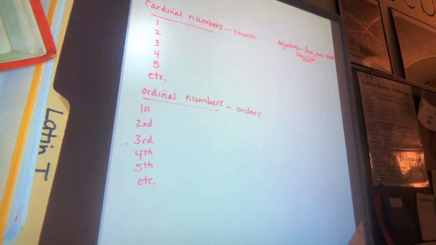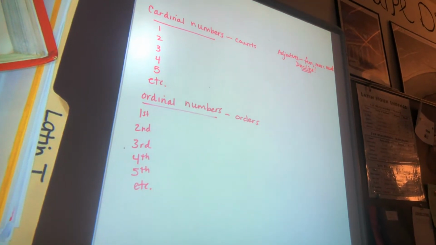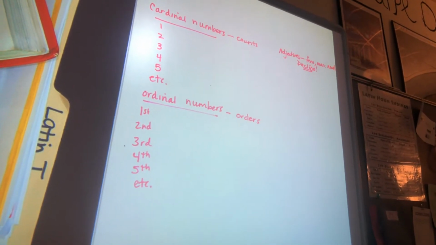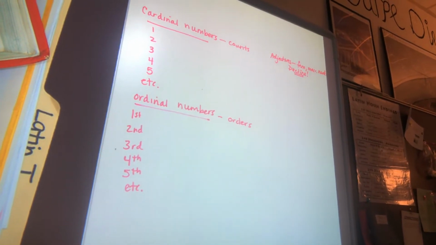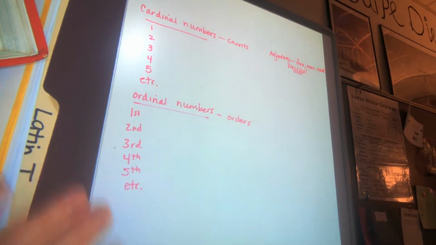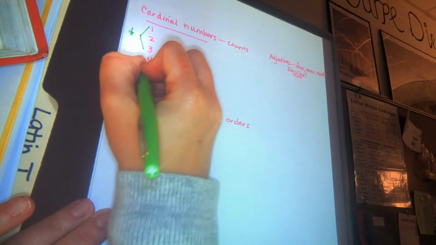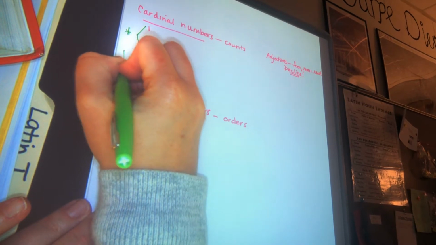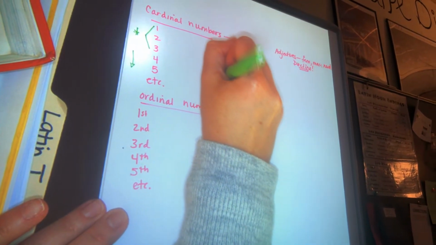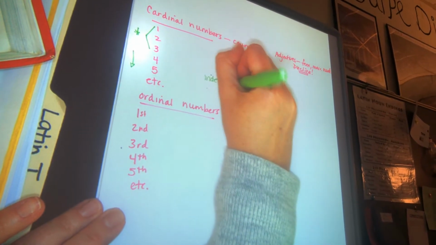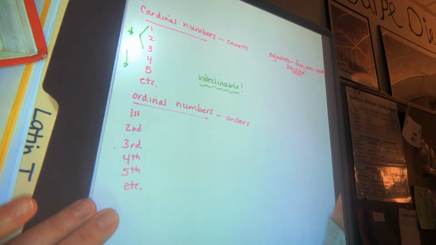When we talk about cardinal numbers, except for 1, 2, and 3, cardinal numbers are indeclinable. So 1, 2, and 3 decline. The rest are indeclinable. That's a word we've never used before, but isn't it glorious?